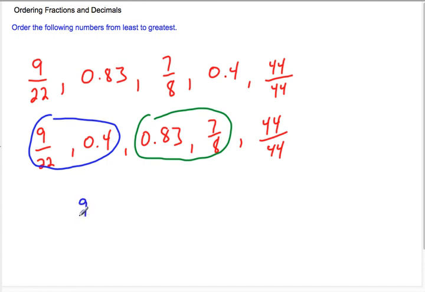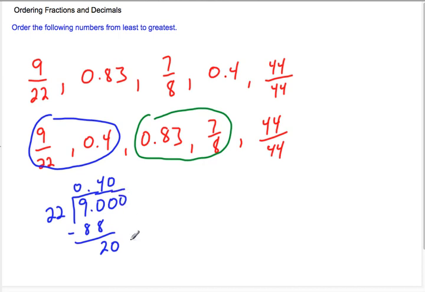So 9 divided by 22. 22 goes into 90 4 times, so we have 88. Okay. Now the fact that there's a remainder here, meaning we have to add a 0 and go a little further, means that didn't go in, so then we need to get another 0.